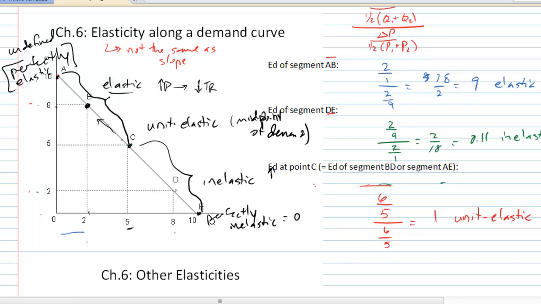Increasing the price leads to increased total revenue. So we learned that yesterday. I'm just kind of applying that now to here. So if a producer knows his or her demand curve, knowing whether they're in an elastic part or an inelastic part can be helpful for knowing the effect of price changes.